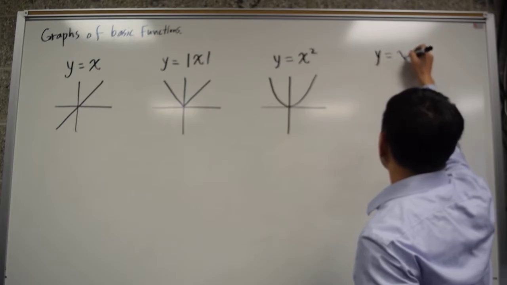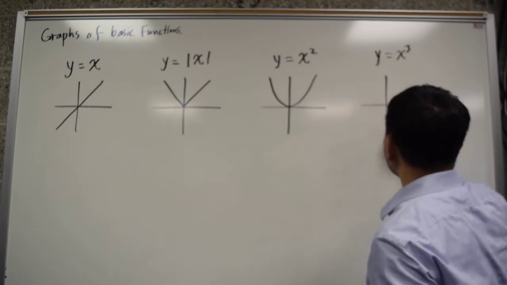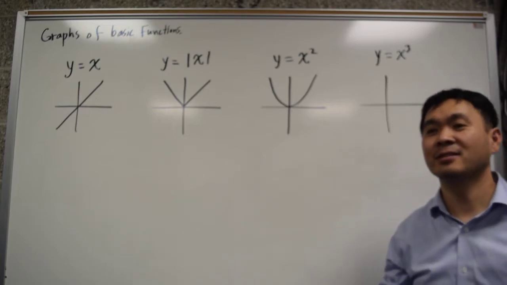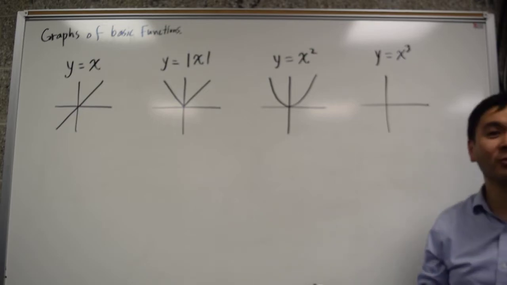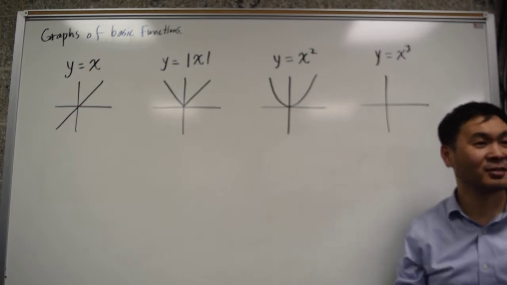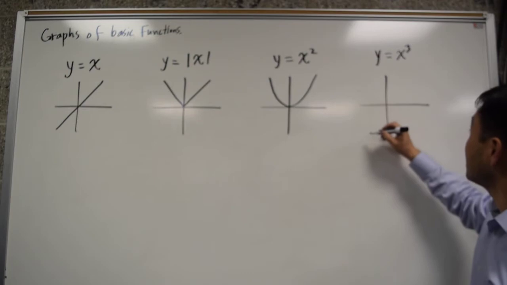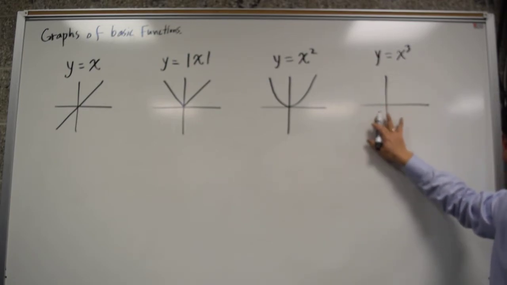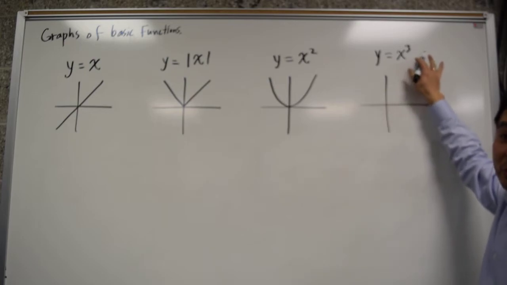Y equals x cubed. Does anyone know this graph? Well, if you plug in -1, it does give you negative, so it's under. But if you plug in +1, 1 cubed is +1.